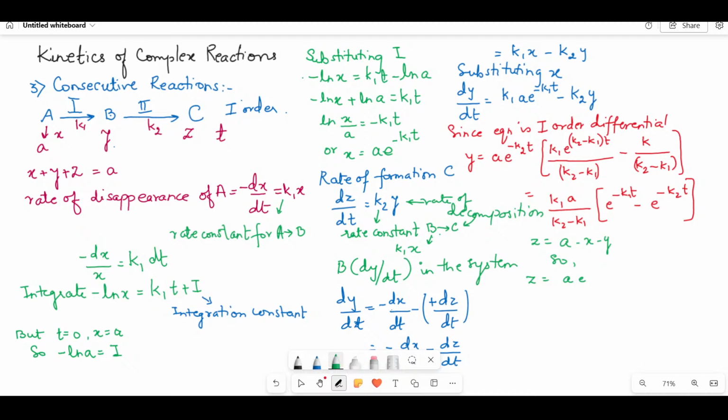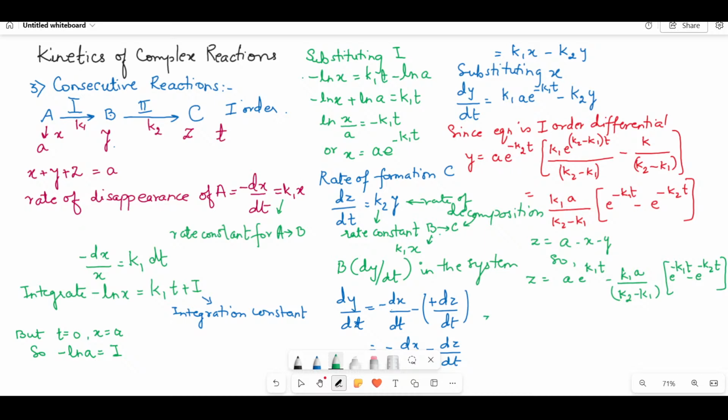e raised to minus k1t minus k1a divided by k2 minus k1, inside the bracket e raised to minus k1t minus e raised to minus k2t.